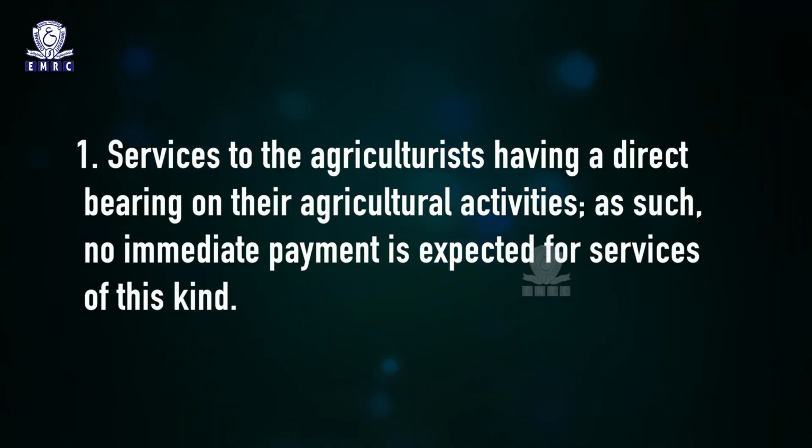For instance, a classification of Jajmani relationships categorizes these relationships according to the types of roles involved. One, services to the agriculturist having a direct bearing on their agricultural activities as such, and no immediate payment is expected for services of this kind.